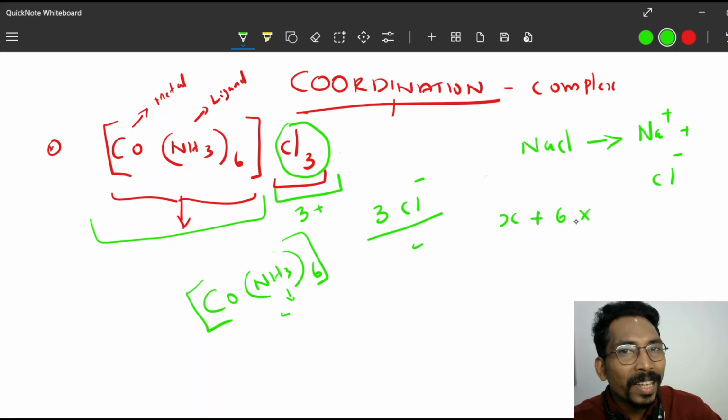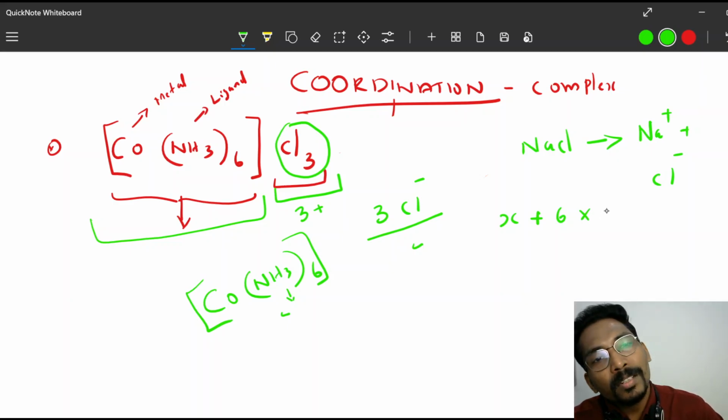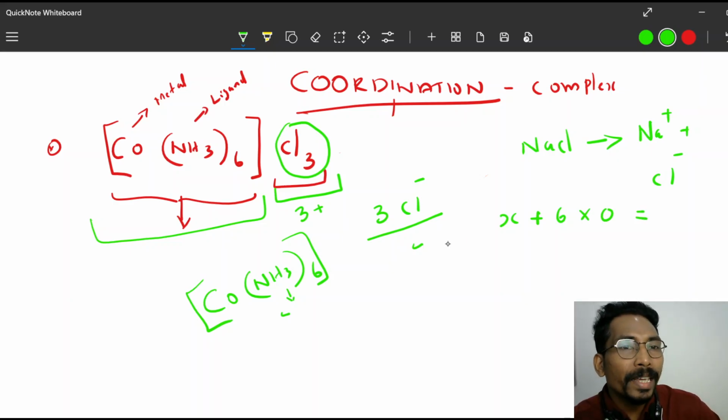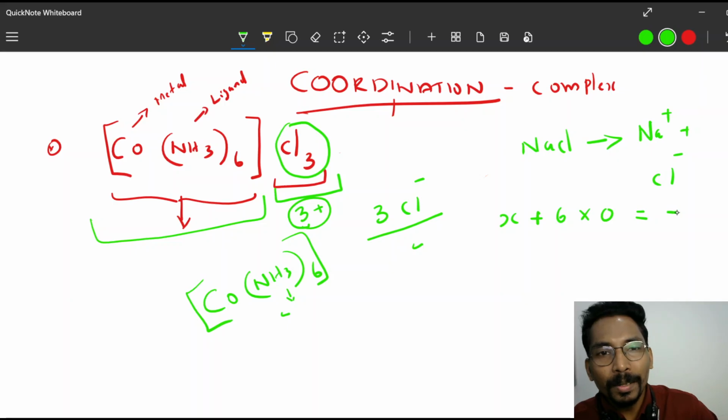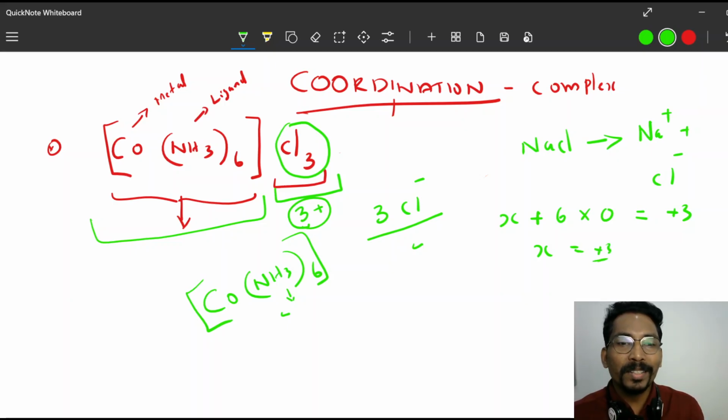I told you ammonia is a neutral ligand, right? I hope you remember. So charge is 0. So 6 into 0 is equal to what is the charge of this total ion? That is plus 3. So that means X is equal to plus 3. That's it, very simple, because this term is 0.